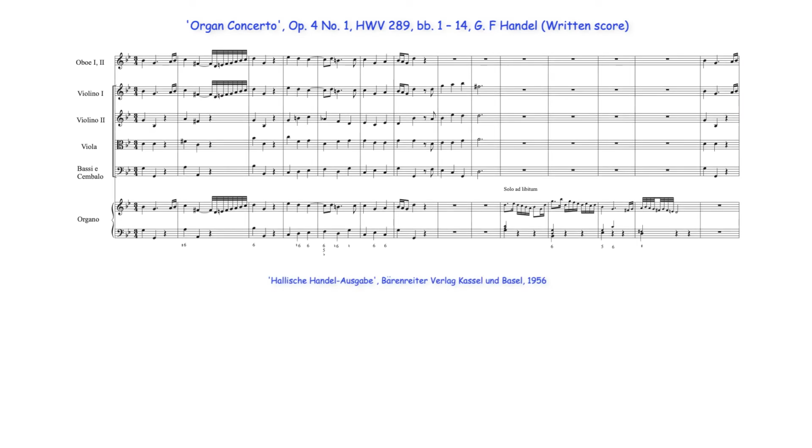In publications, this section is typically realized with chords in the left hand and an embellished right hand.